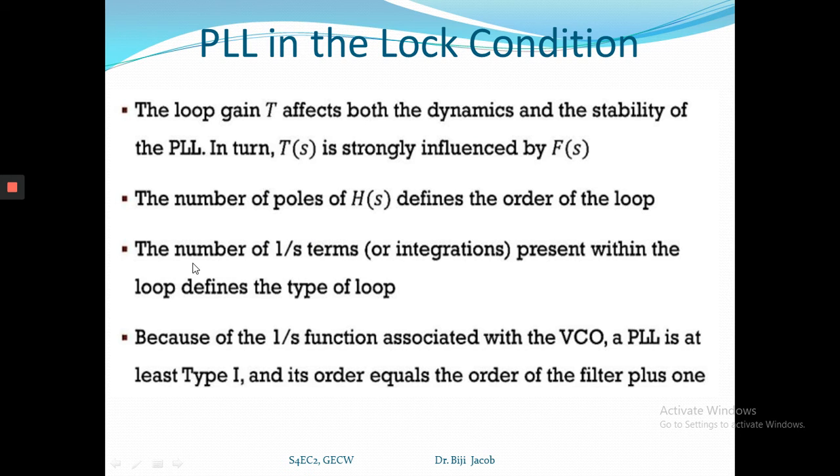The number of 1 by S integrations present within the loop defines the type of the loop. Because the 1 by S function is associated with the VCO, the PLL is at least type 1, and its order is equal to the order of the filter plus 1.